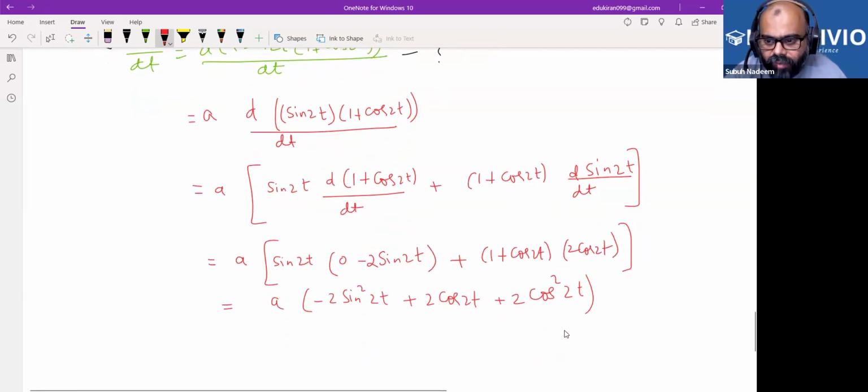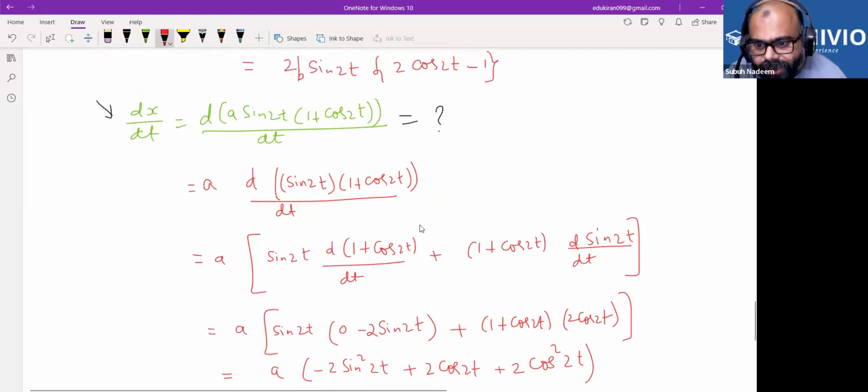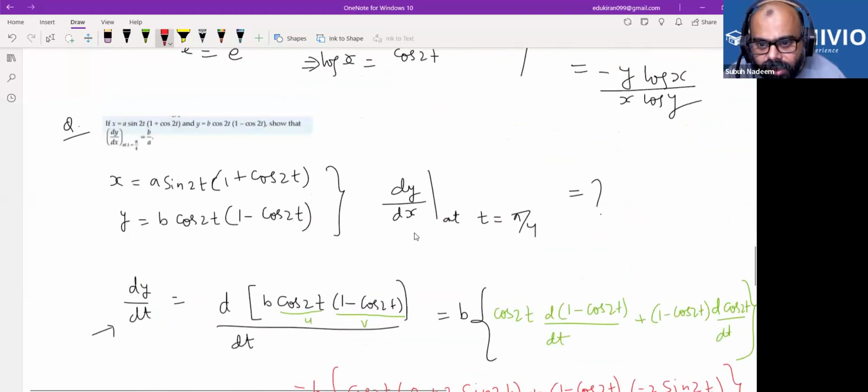Now we can take this as a into, but you can't take anything common here. It is cos 2t, 1 minus cos 2t, right?